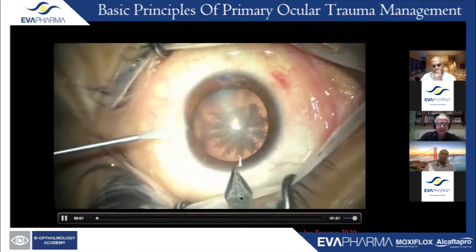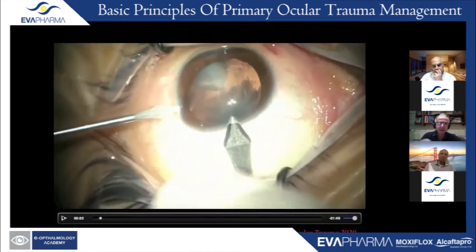So let's go through this. This is a typical case of intraocular foreign body where you find a corneal wound, a lens injury with a small iris injury, and a retained intraocular foreign body. And let's see how we do that.